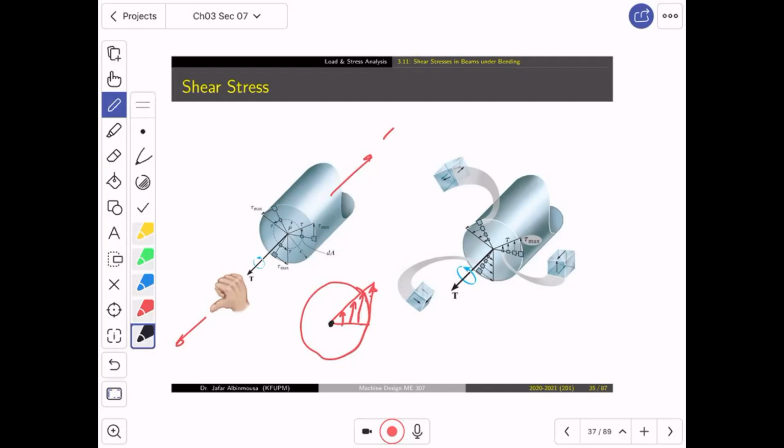The second thing is that the distribution is linear, as far as the material is elastic. If the material is not elastic, this distribution will become non-linear. As interesting as non-linear deformation is, we are not going to talk about it. It's too much.